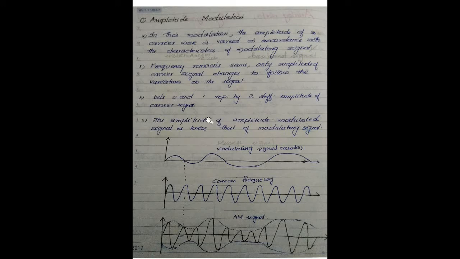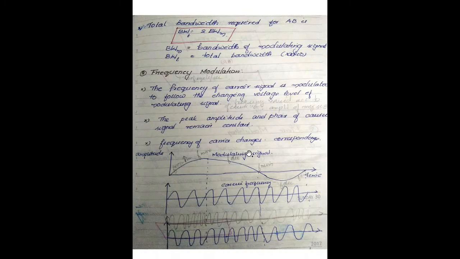The amplitude of the amplitude modulated signal is twice that of the modulating signal. Here you have a formula. You have to study all these formulas because sometimes problems are asked from these sections.